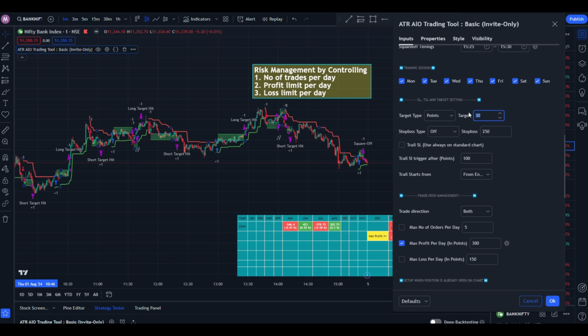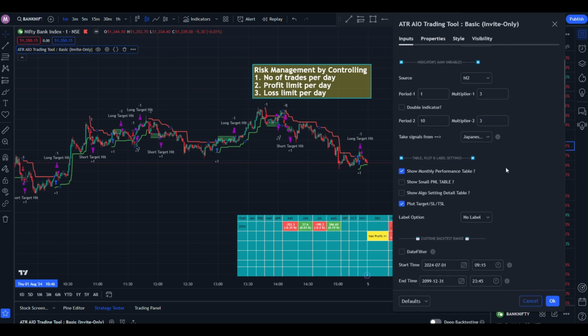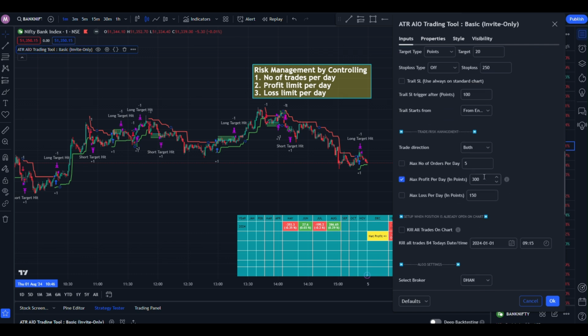Let's capture only 20 points. Okay, so no 250 points. So here you have to set 250 points. What happened? Yeah, here I have to set 200, sorry, this is the 200 points somewhere here, not there.